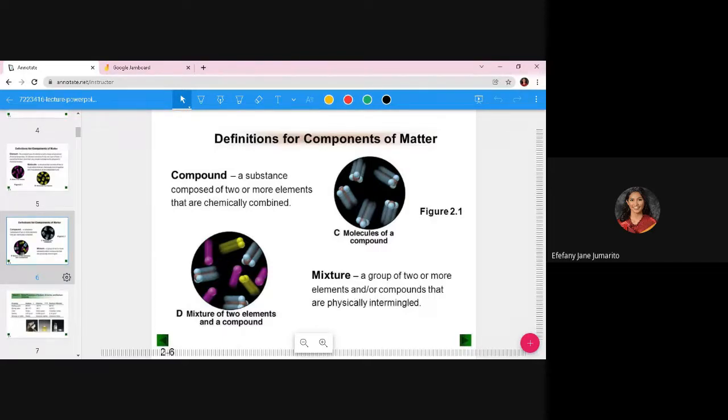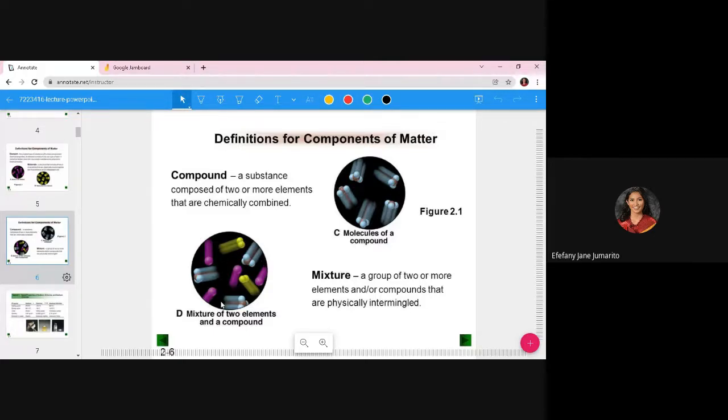Now, the fourth is the mixture. A mixture is a combination of two or more substances. For example, a fruit salad is a mixture. One element and then you add a compound to it, so it's a mixture. As you can see here in the figure, they are all different: there's an element, a molecule, and a compound.